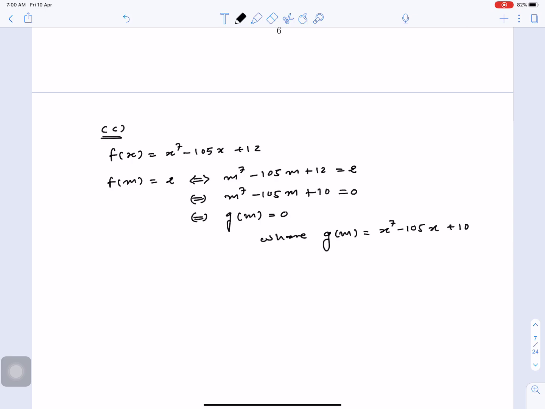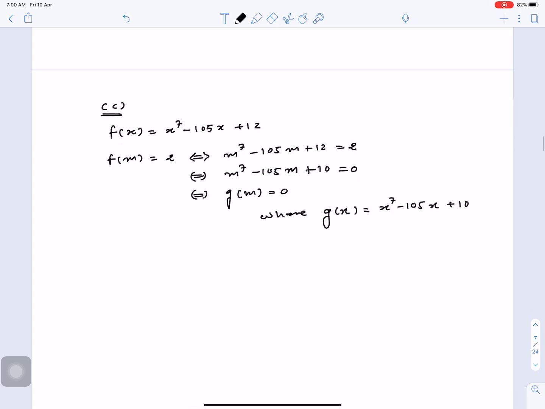So g(m) is 0, where g(x) is this one: g(x) is equal to x^7 minus 105x plus 10.